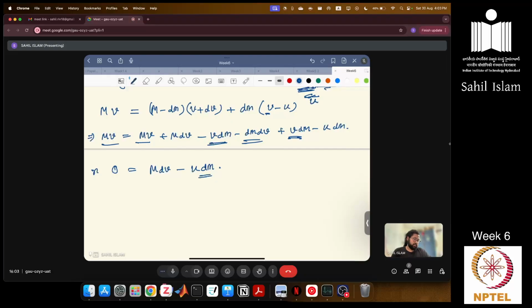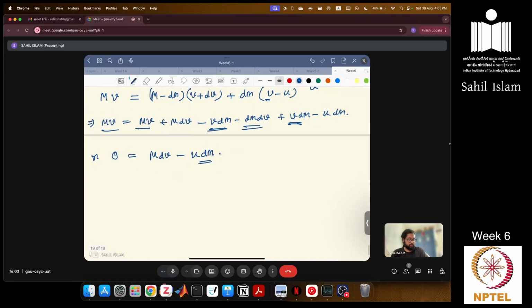Now as the fuel burns, the mass of the rocket is also decreasing, right? So we can write the change in mass of the rocket is negative of this dm.